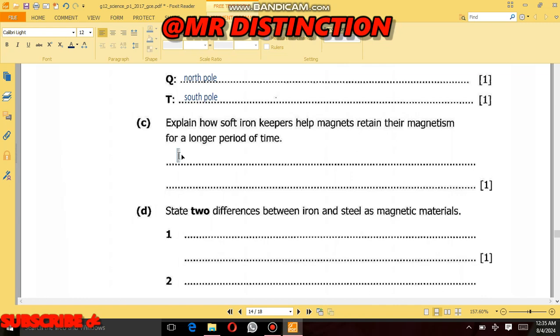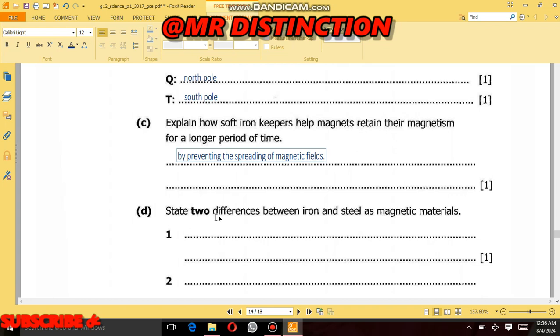So iron keepers help magnets retain their magnetism by preventing the spreading of magnetic fields. And that was the answer for this question.